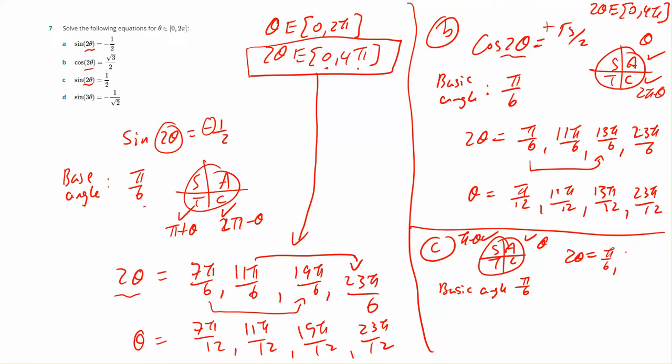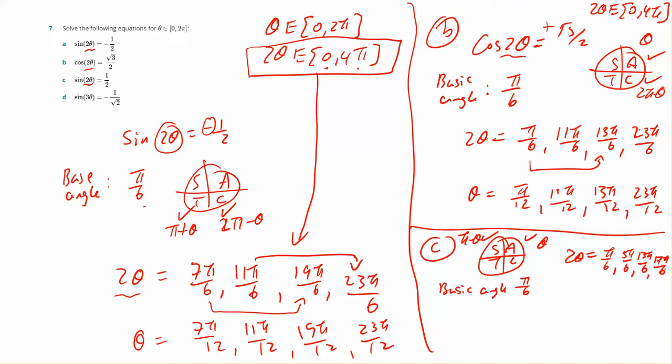Second quadrant is 5 pi over 6. I'll add 2 pi to my first solution, which is 13 pi over 6. And we'll add 2 pi to our second solution, which gives me 12 plus 5 is 17 pi over 6.